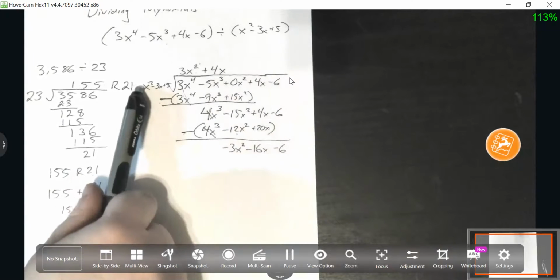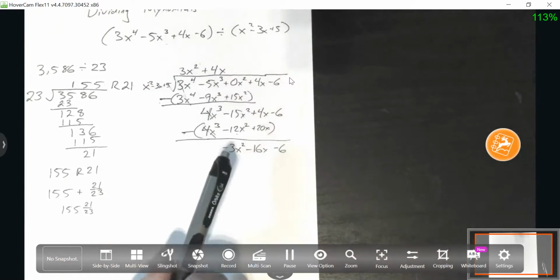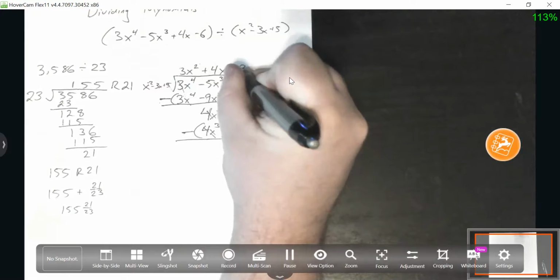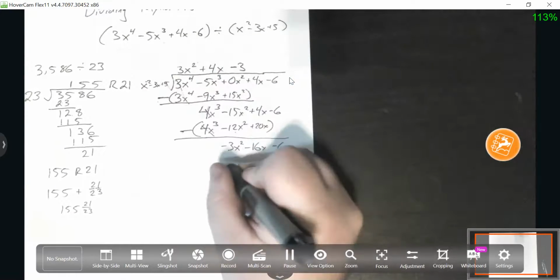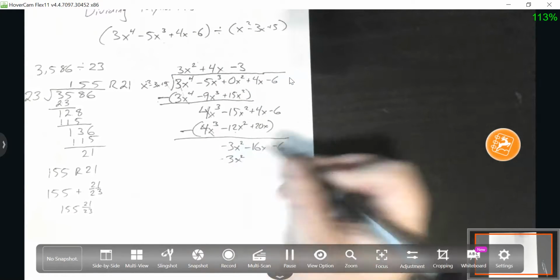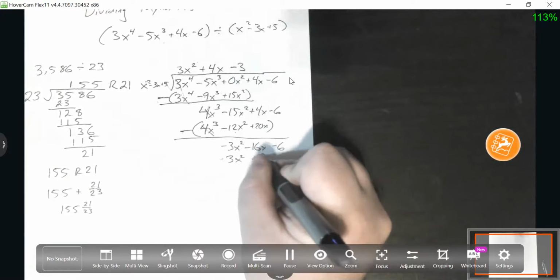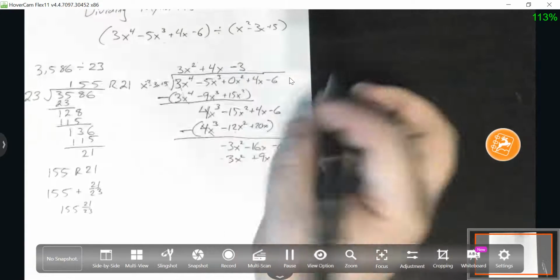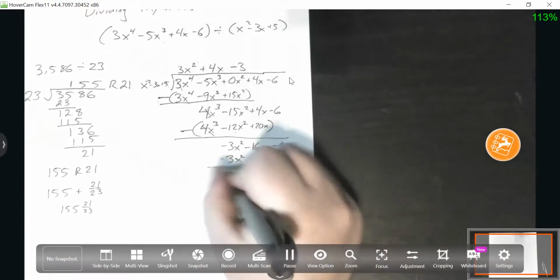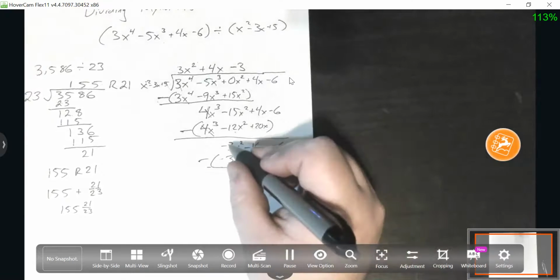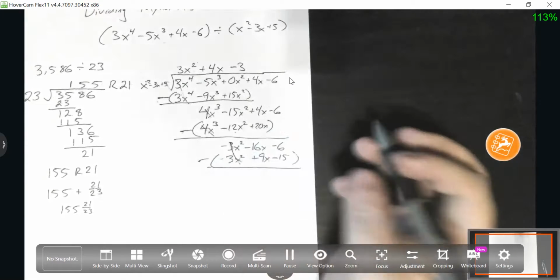Finally, does x squared go into negative 3x squared? Yes, it does, minus 3 times. Negative 3 times x squared is negative 3x squared. Negative 3 times negative 3x is plus 9x. Negative 3 times 5 is minus 15. Again, draw the line, reverse the sign. We're subtracting. Negative 3x squared plus 3x squared cancels.